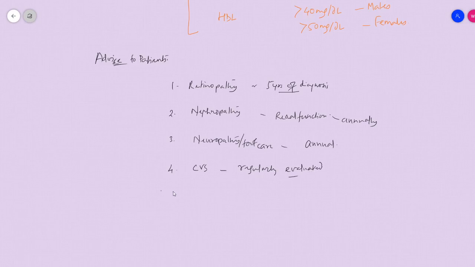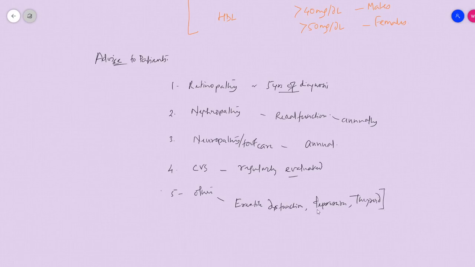And the other things that need to be checked, again because it's a vascular complication: there can be erectile dysfunction, there can be depression, or sometimes even thyroid diseases can be seen.